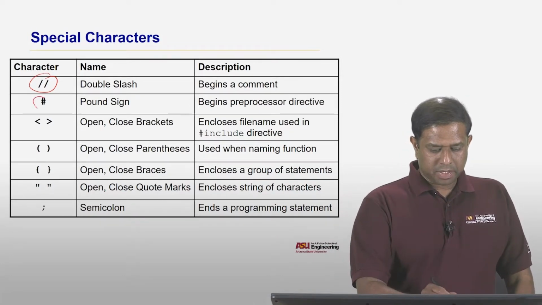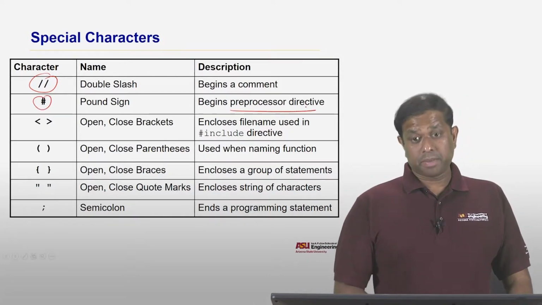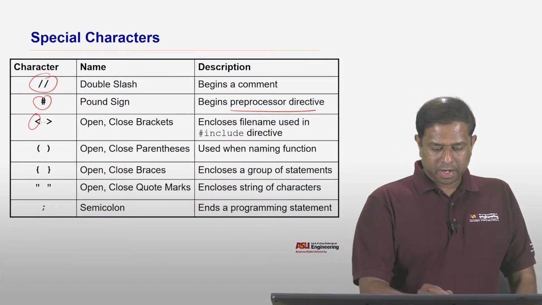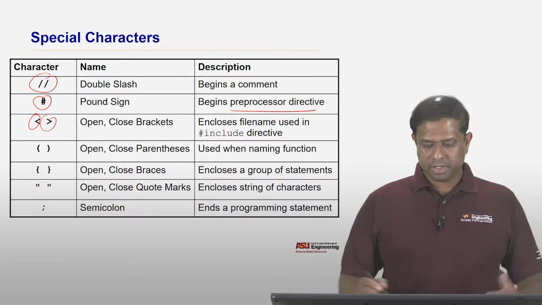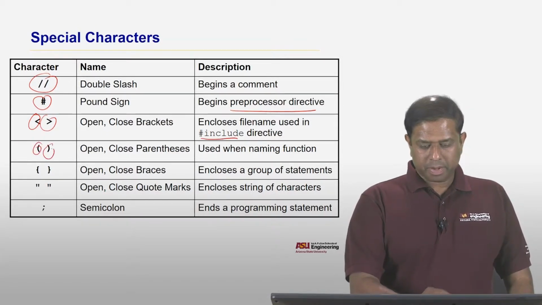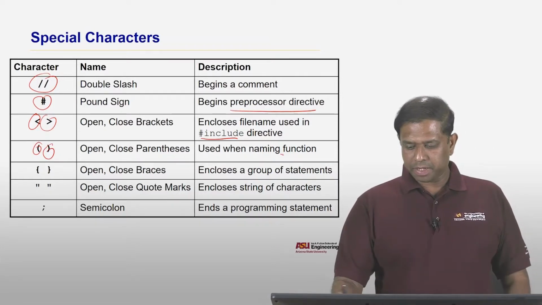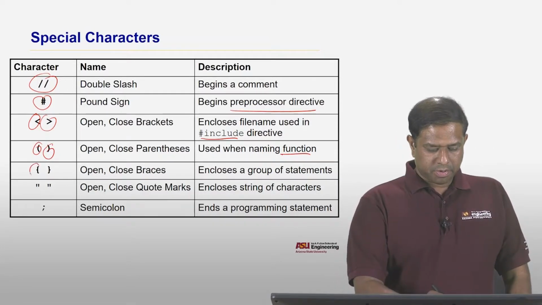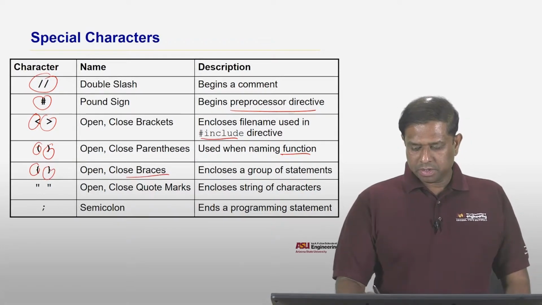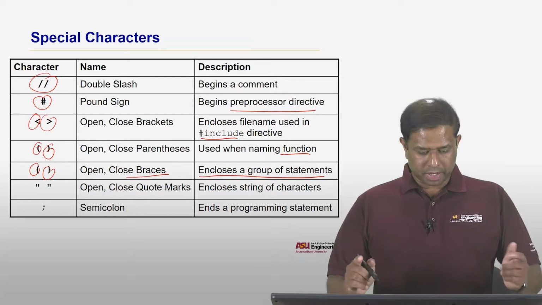So then this pound sign is used for the preprocessor directive include, and then we have the open brackets and the closing brackets for the include directive, and then open and close parentheses for the methods like main method and so forth. So open and close braces, that's the curly brackets, group statements together, okay.